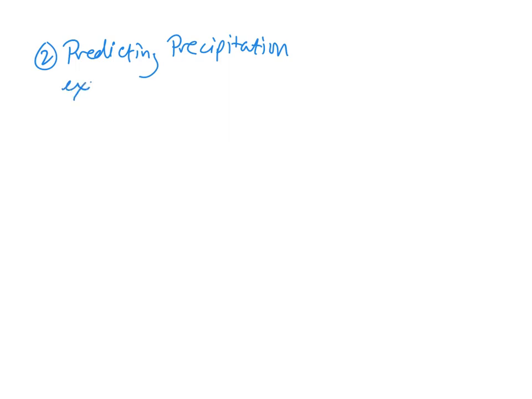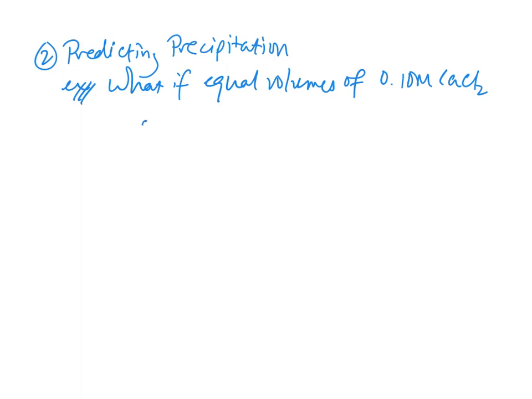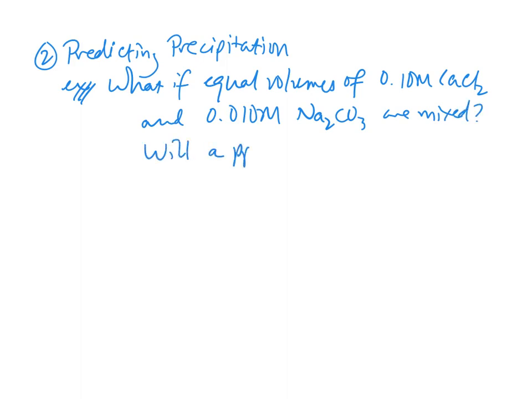So for example, what if equal volumes of 0.10 molar calcium chloride and 0.010 molar sodium carbonate are mixed? Will a precipitate of calcium carbonate form?